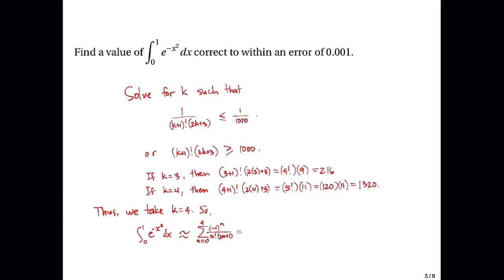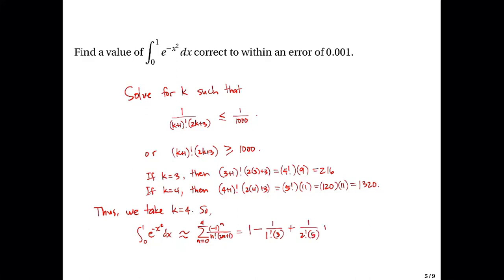So this is equal to, when n equals 0, that's just 1. Then when n equals 1, you have minus 1 over 1 factorial times 3. Then when n equals 2, you have plus 1 over 2 factorial times 2 times 2, that's 4 plus 1, that's 5.